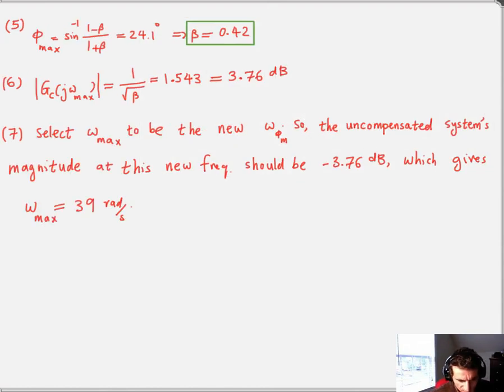So now my omega max is 39 radian per second, which is the new phase margin frequency, and beta is 0.42. Beta is one of the two things that we need, giving us the transfer function associated with the lead compensator. We need beta, and we also need T. T is something that I'm going to find out in step 8.